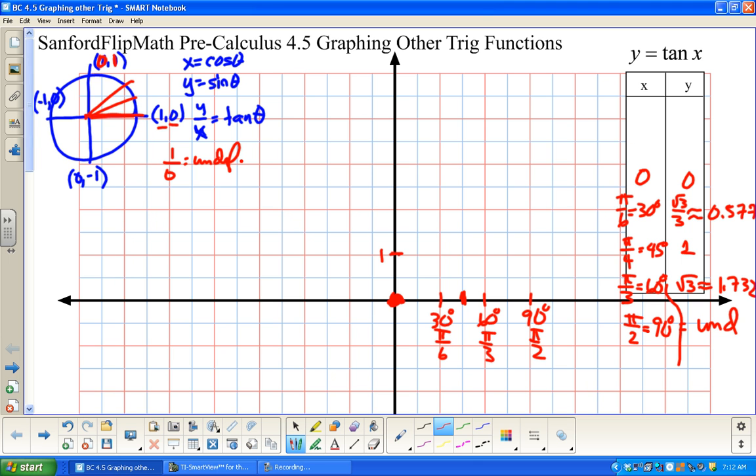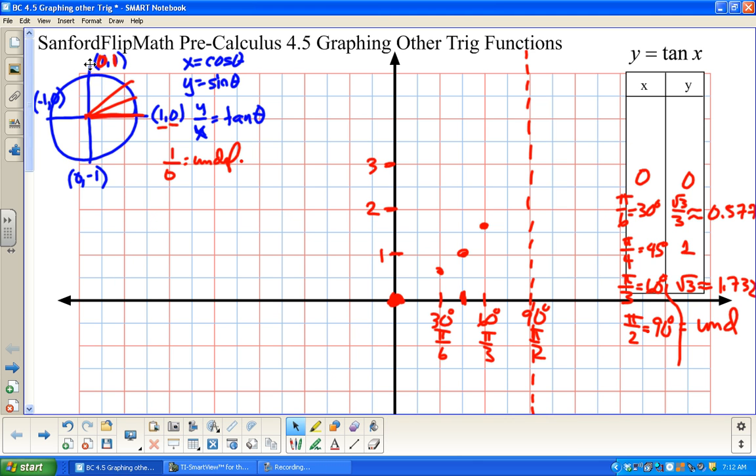I'm going to call this 1, 2, 3. So 30 will be 0.577, a little more than half. 45 will be at 1. 60 will be at 1.732-ish. And then 90, well, 90 is not very nice at all. It's going to be an asymptote.